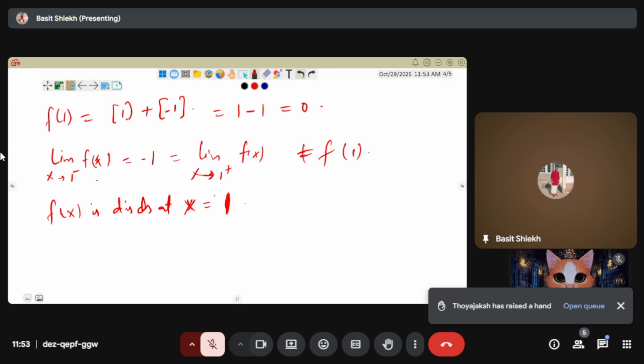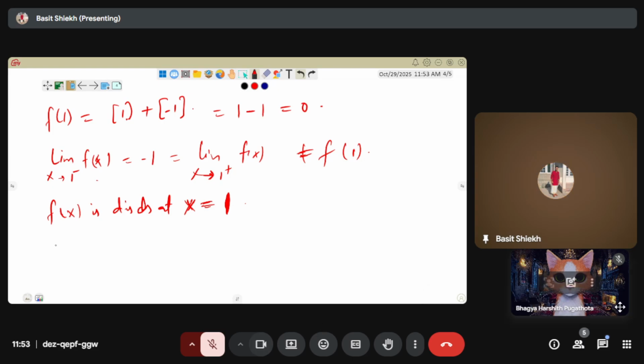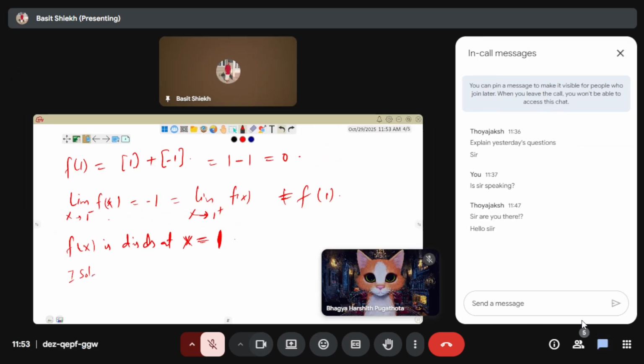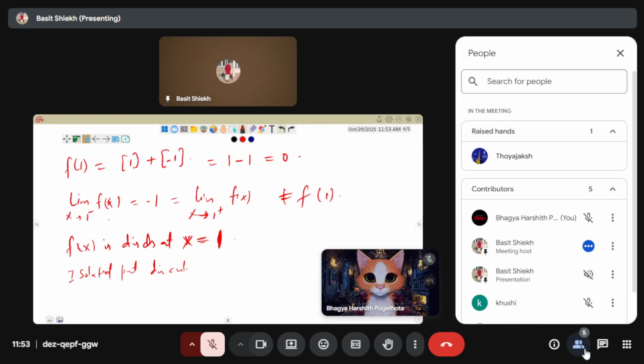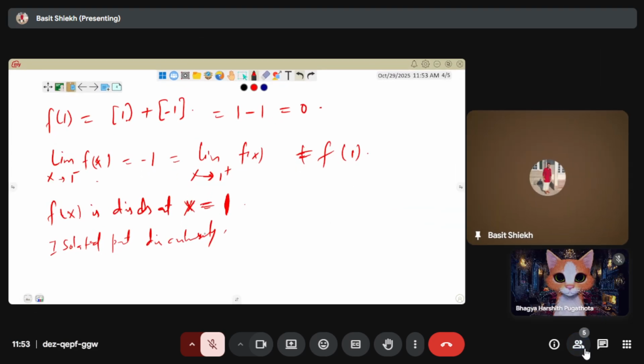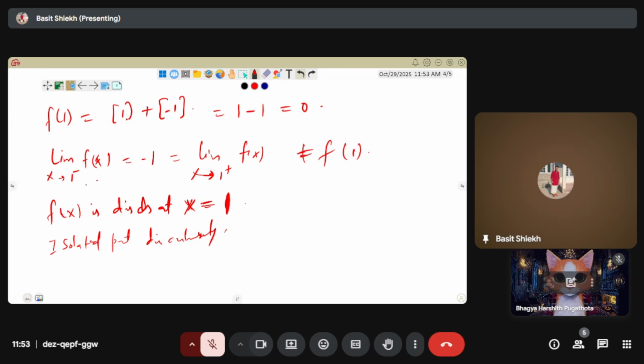Which discontinuity does it have? Isolated point. Left hand limit equals right hand limit, not equal to the value of the function, means isolated point of discontinuity.